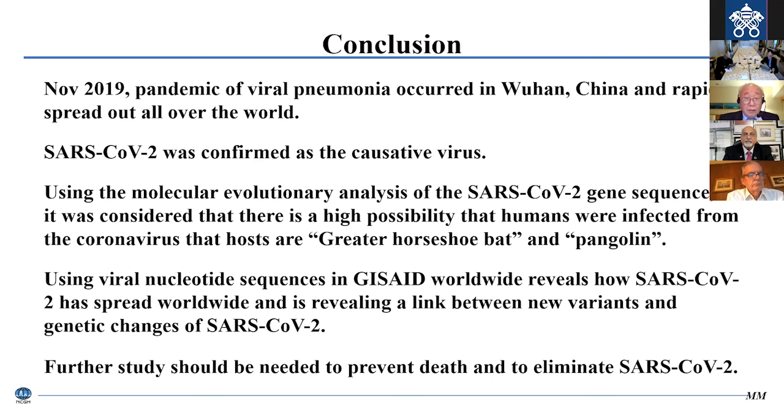Using viral nucleotide sequencing, GISAID was a very good timing worldwide. The sequences are deposited on databases and reveal how SARS-CoV-2 has spread worldwide, and reveal a link between new variants and genetic changes in SARS-CoV-2. Further study is needed. I'm very sorry that at present we have not completed it; it is ongoing in the first studies.